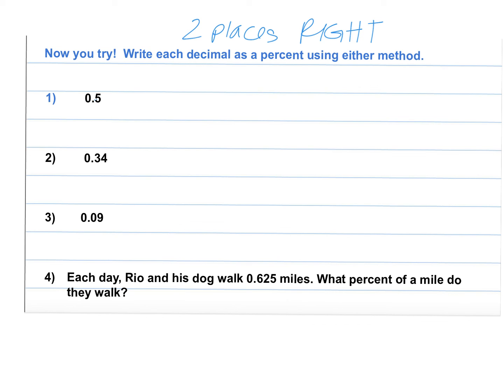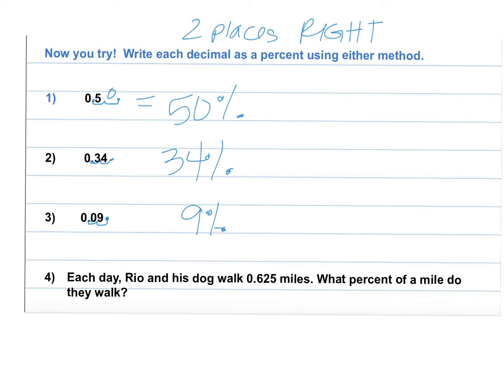So if I don't have 2 places to go, I'm still just going to carefully make 2 spots, add a 0 in there, so 0.5, as we probably know, is 50% because it's half, so 50%. 0.34, so I go 2 to the right, which leaves me with 34%. 0.09, 2 to the right, which ends at the 9. I can drop those zeros before, so that gives me 9%.